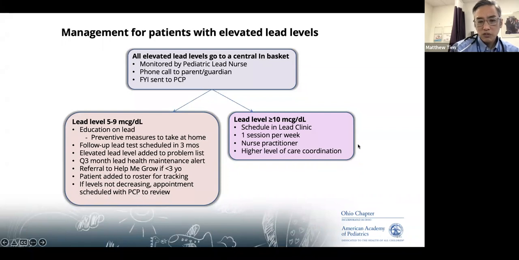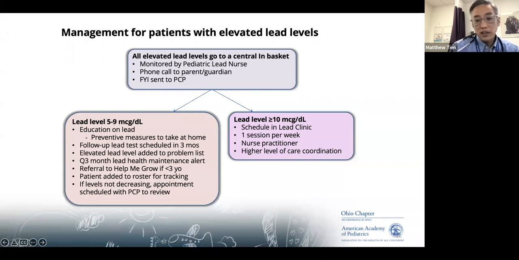For the patients who have a lead level of 10 or higher, our current workflow is to schedule all those patients in our pediatric lead clinic, which we hold 1 session per week at our main campus. There's a nurse practitioner that runs that and is also assisted by our pediatric lead nurse and our community health worker for lead.